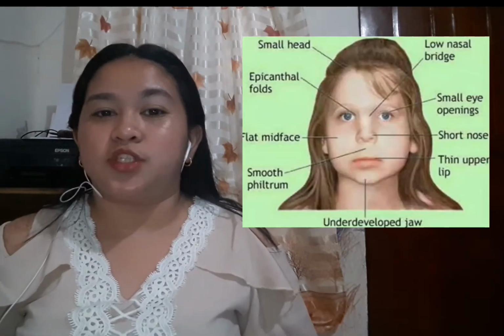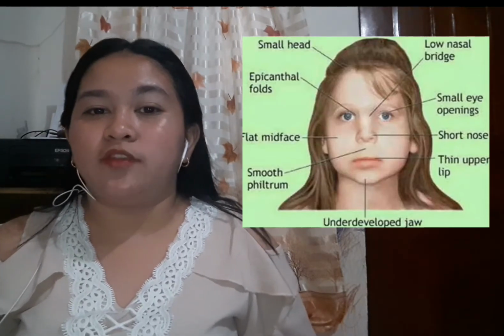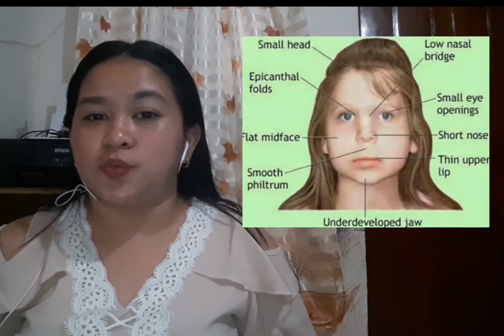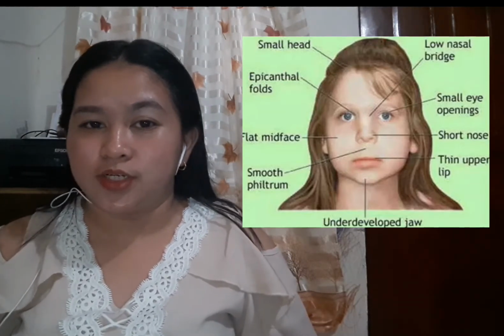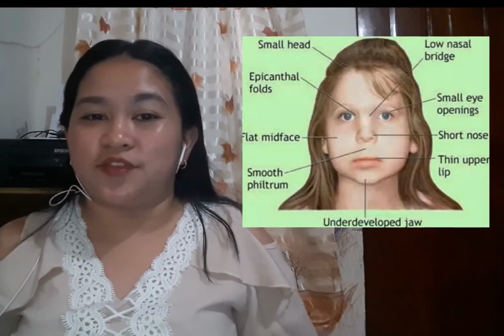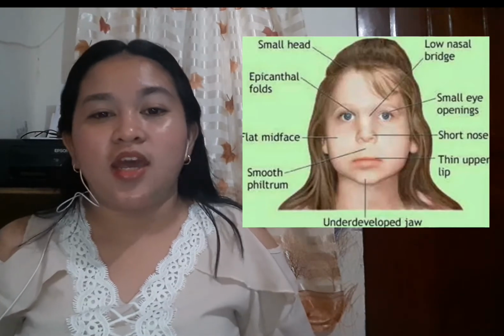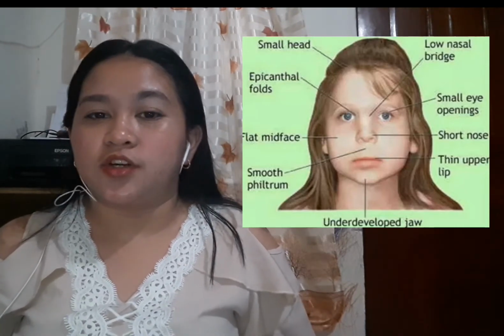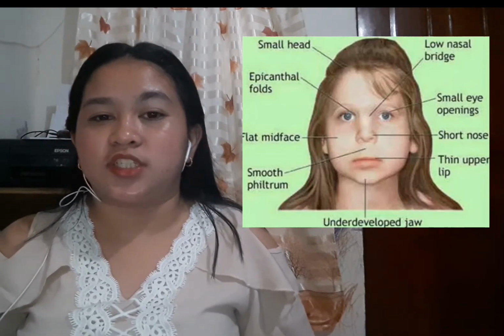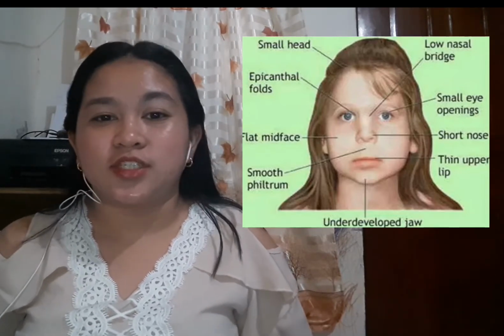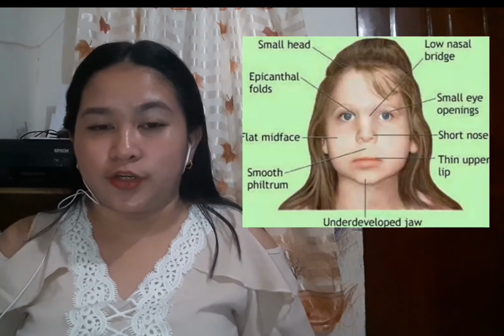You see a picture there of a child who had fetal alcohol syndrome because she was exposed to too much alcohol while in the womb of her mother. You see all these different things like small head, low nasal bridge, and these are the features affected by the genes that were expressed widely when the fetus was in the womb.